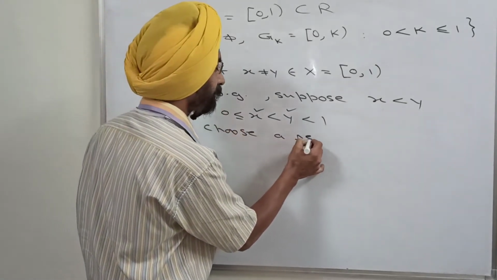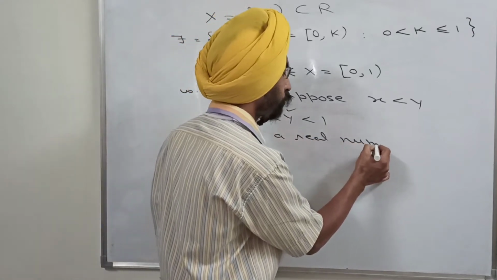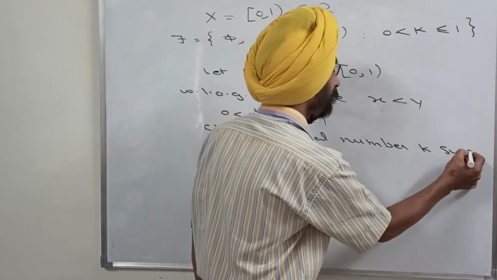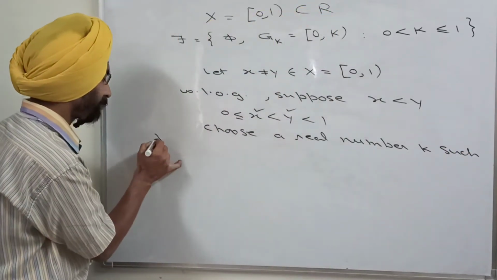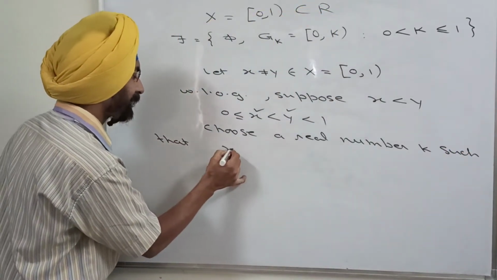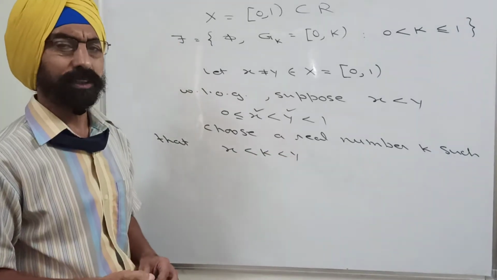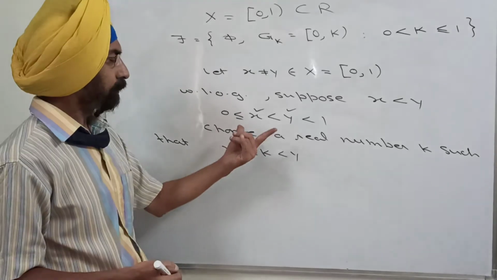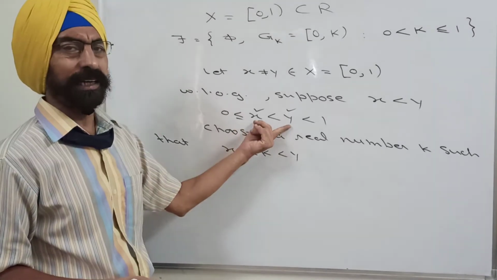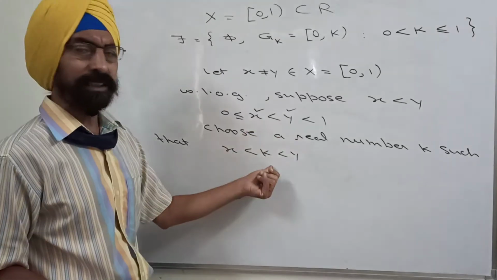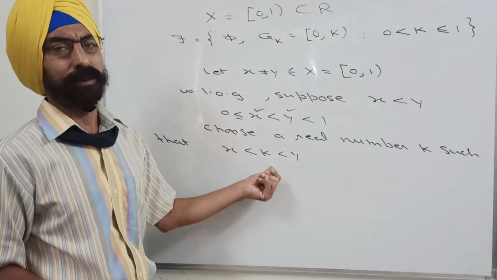Choose a real number k such that x is less than k is less than y. And this is possible because between any two real numbers there are infinitely many real numbers, and k is one such real number.